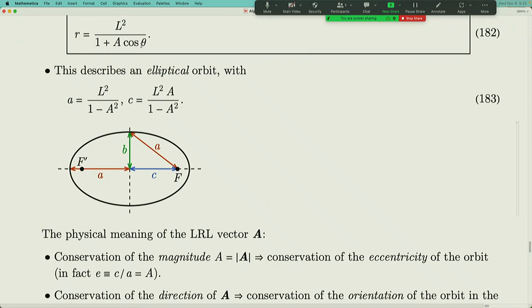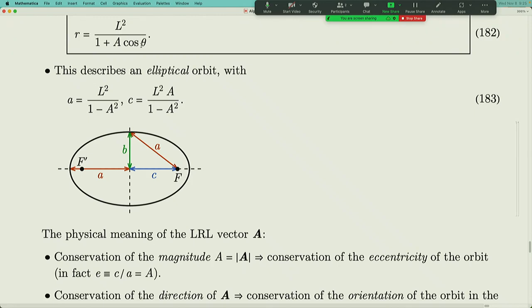So you can see that the direction of this LRL vector sets the direction of the major axis, and its length sets the shape of the orbit, sometimes also called the eccentricity.